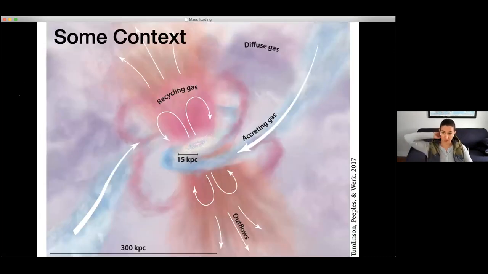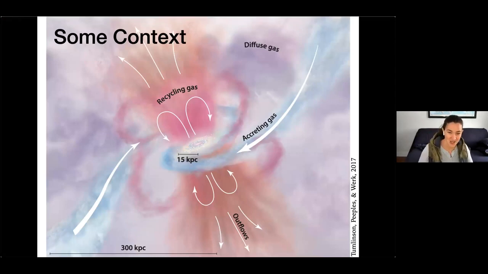Okay, so for some context, this slide is all you need. The point being, we've seen this several times at this point, but what we're interested in is, how do galaxies remove their gas?